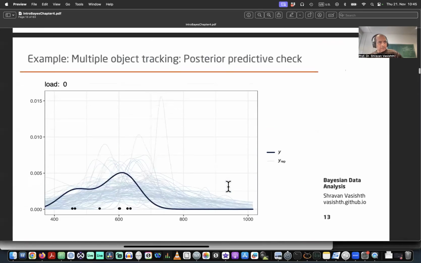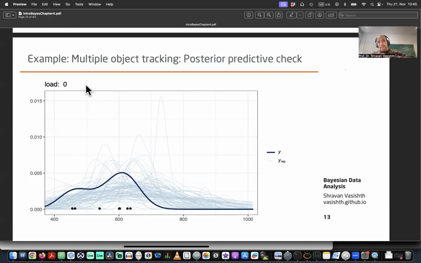Here's what we can now do: we can generate posterior predictive distributions by plugging in different values for centered load. If you put the centered load value at 0, that means average load. No, sorry, let me start over. What you're seeing right now is not the centered load, but the actual load levels, 0, 1, 2, 3, 4, 5.